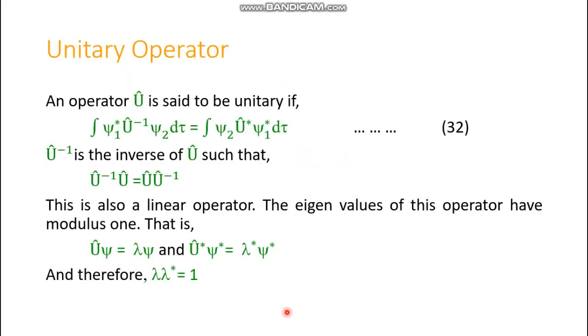And since it is a Hermitian operator, it is linear in nature, because all the Hermitian operators are linear in nature. Now unitary operator. This is another condition. If U cap is some operator, then U cap inverse is the reciprocal of that operation. If this is the condition, then the equality of these two integrals according to equation number 32 indicates that this operator U cap is a unitary operator.